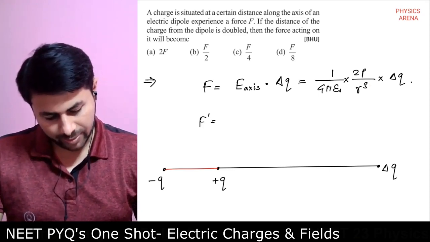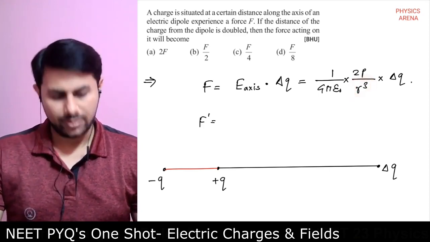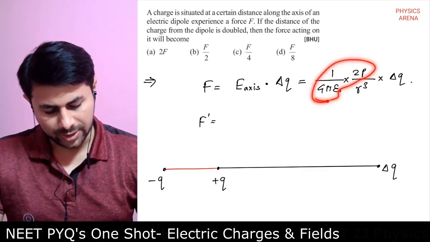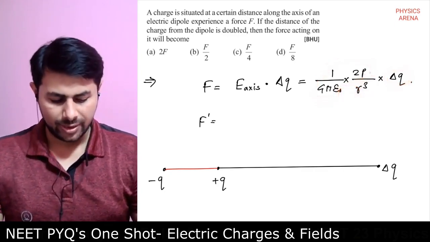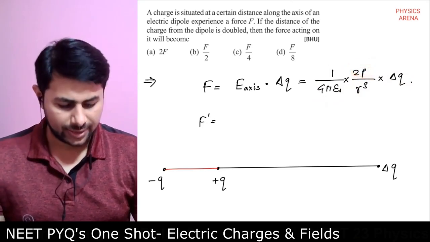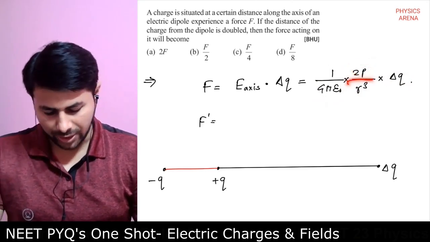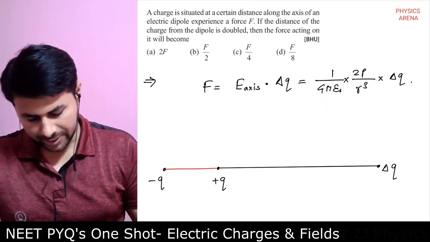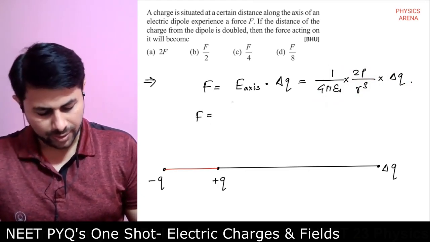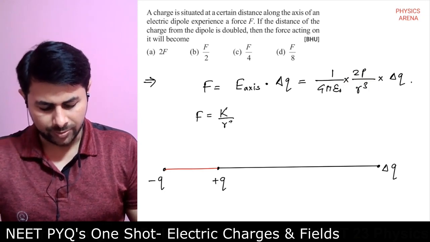So force is inversely proportional to r cube, right? Force is some constant upon r cube, because the charge remains the same, the dipole moment is the same, everything else is the same. So you can say F is equal to k upon r cube.